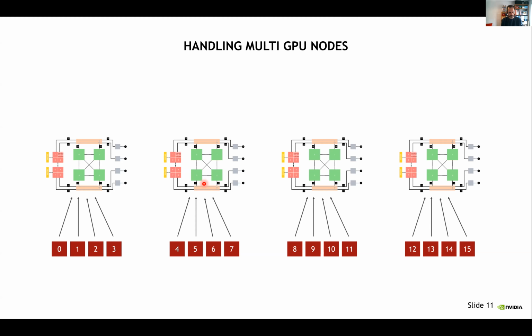You end up with 4 processes per node, with ranks from 0 to 15, placed for example like that. Now the question is, how does each rank decide, because the only information it has is its MPI rank, which GPU to use? Should it use device 0, 1, 2, or 3?